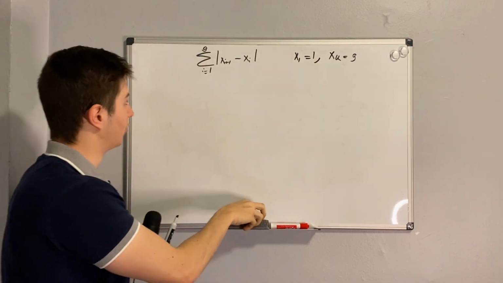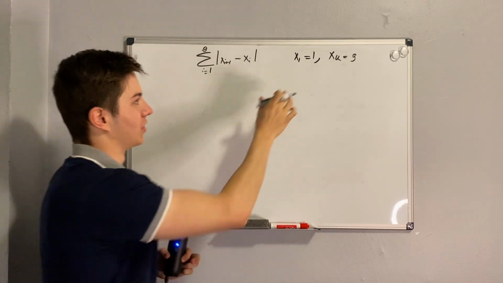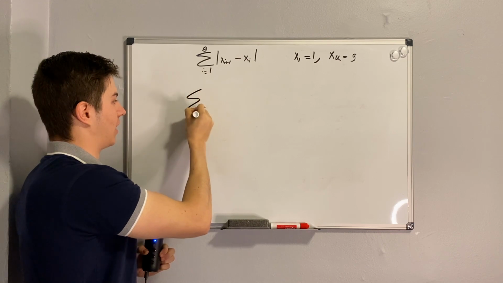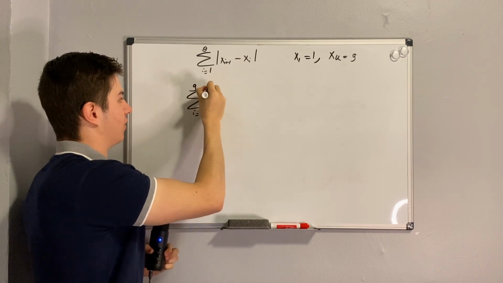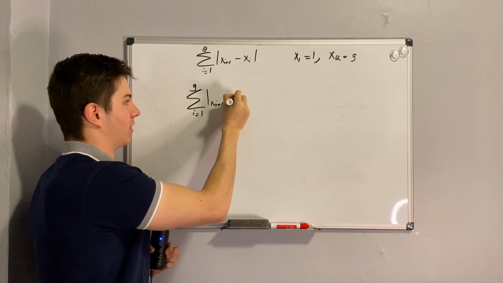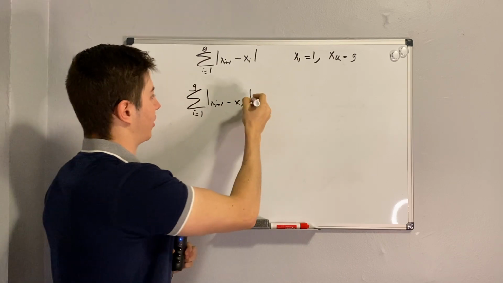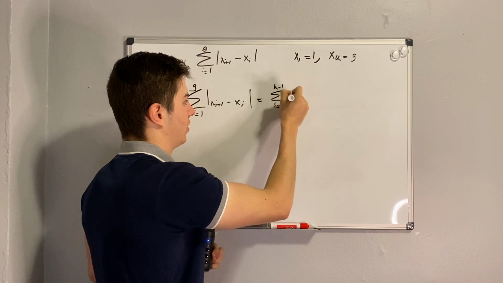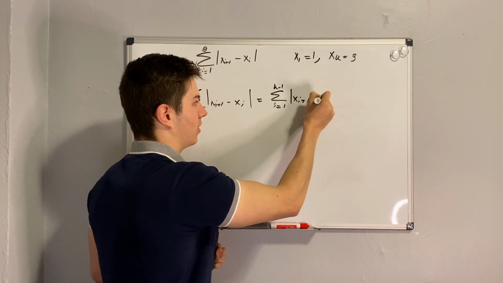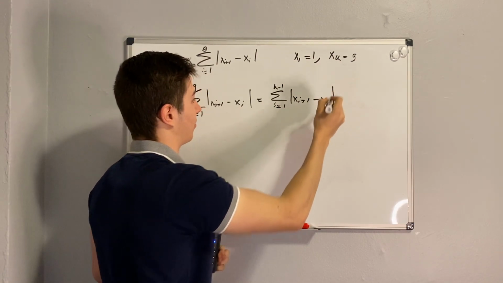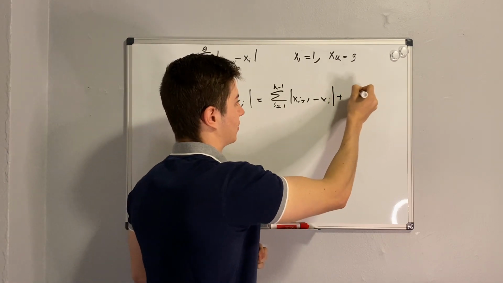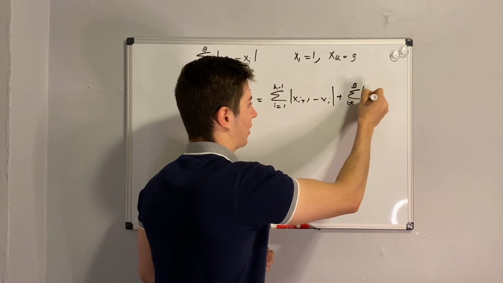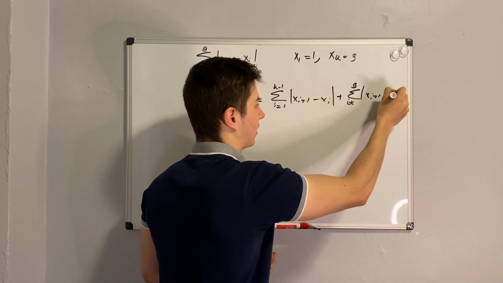The first thing we'll do is split up this sum into the sum until xk and the sum after xk. So the sum from i equals 1 to 9 of the absolute value of x(i+1) minus xi, we'll split into the sum from i equals 1 to k minus 1 of the absolute value of x(i+1) minus xi, plus the sum from i equals k to 9 of the same thing, x(i+1) minus xi.